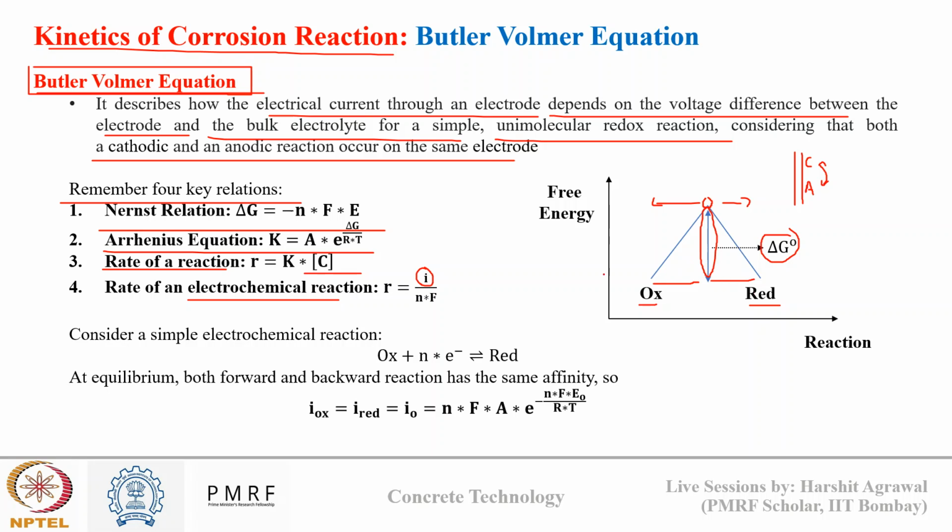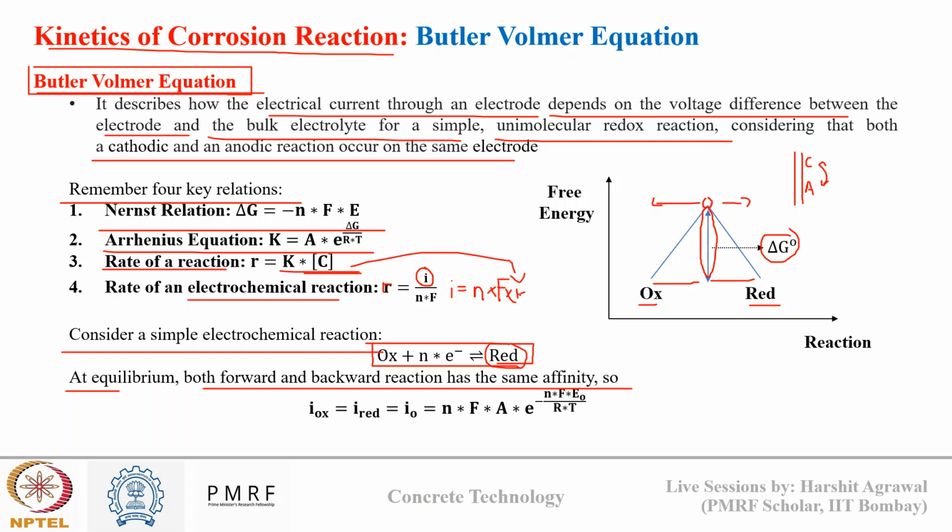Okay, now if we consider a simple electrochemical reaction where a reactant in oxidized form is converting into a product in reduced form, then at equilibrium both forward and backward reactions have the same affinity. So when we combine all these four relationships, rate we write in terms of current, so I can write it as equal to n cross F cross R. Then instead of rate of reaction, I will substitute k cross C concentration.